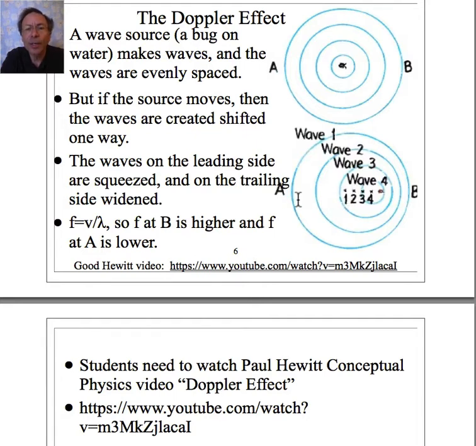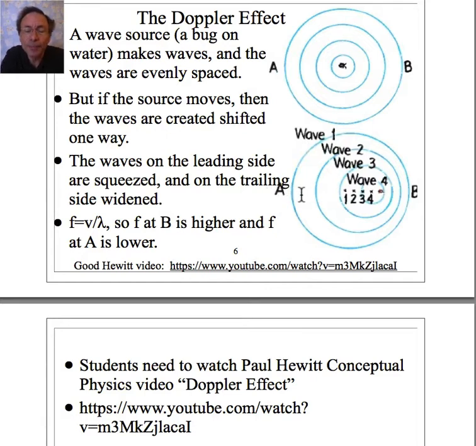If it's sound, it would have a lower pitch. If it were light, relative to, let's say, the starting color green, it would be a longer wavelength or a lower frequency, which would be towards the red. So we call that red shifted.